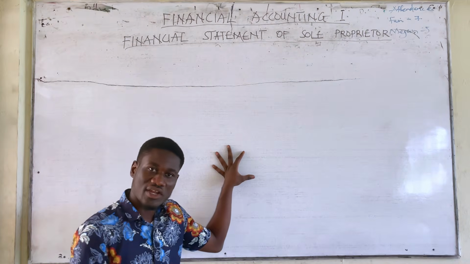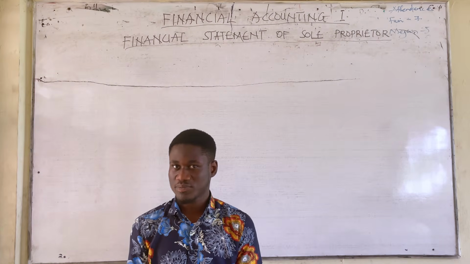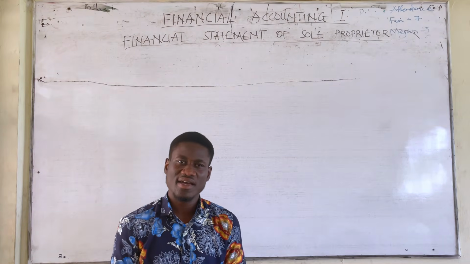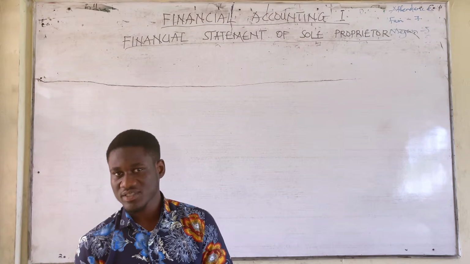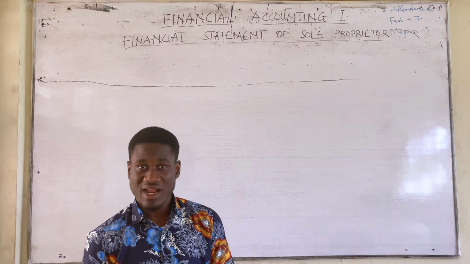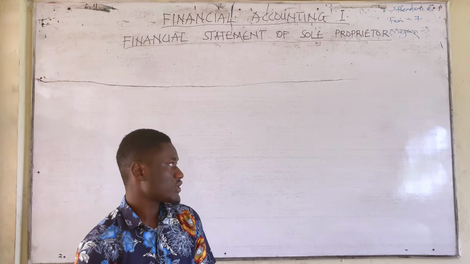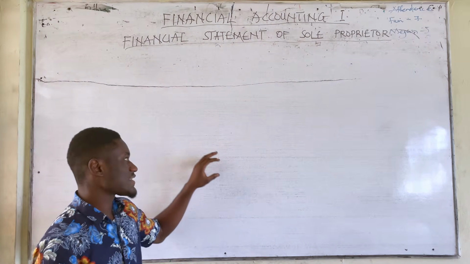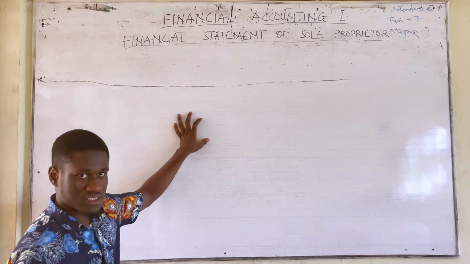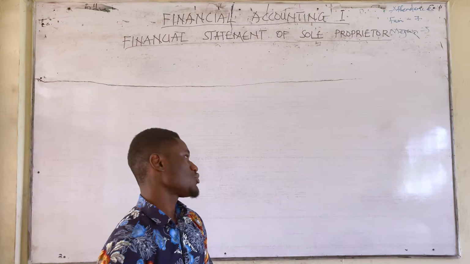The profit and loss will consist of our income and expenses. And the balance sheet or the statement of financial position will consist of our accounting equation, which is the assets, capital, and liabilities. So you will see that we have all the five elements included under the financial statement for sole proprietorship.